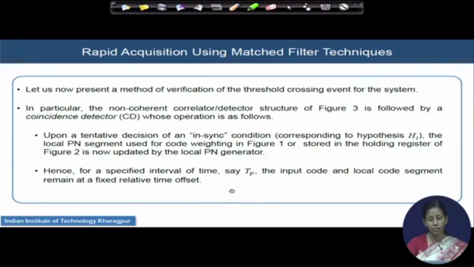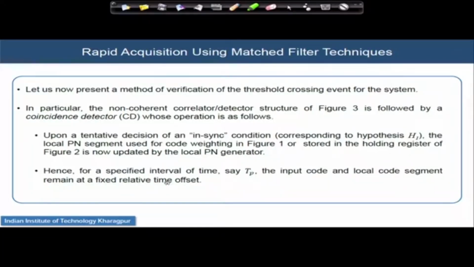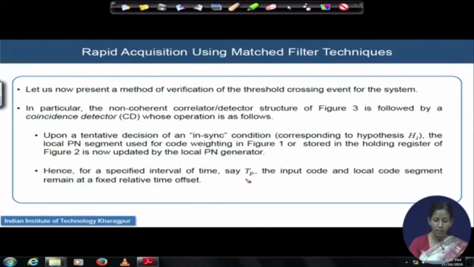Once the synchronization is done, for a specific interval of time, say equal to TP, it will continuously hold that segment of the PN generator, and the input code will be continuously correlated with this relative set of PN segments selected, where the declaration was that there is in sync.